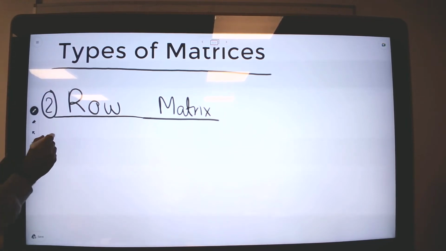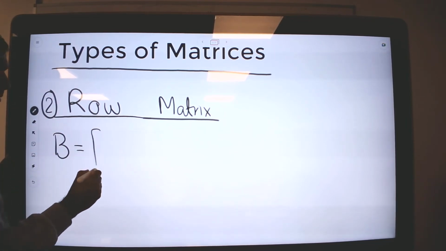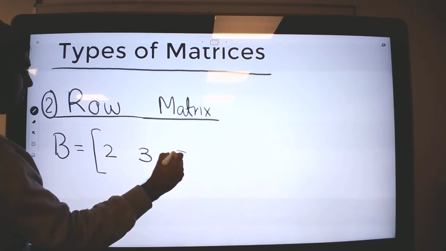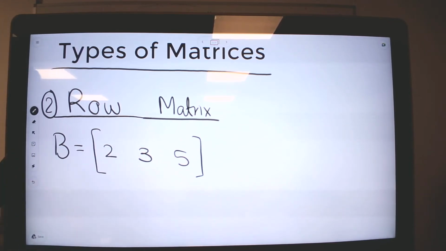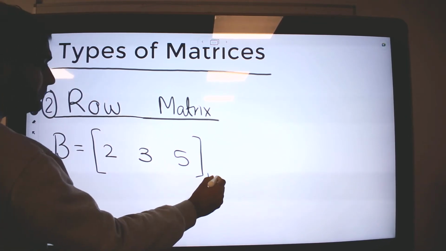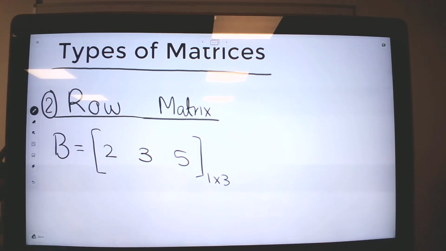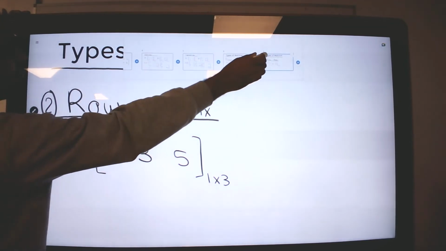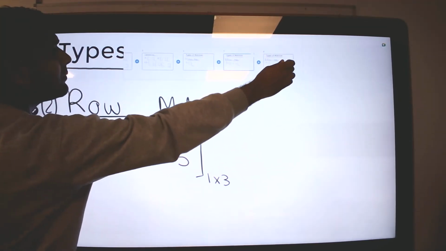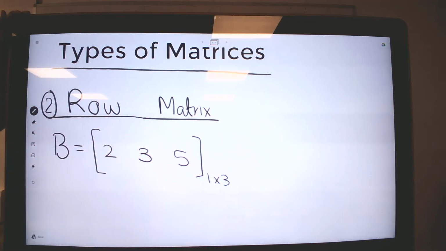Row matrix. What's the order of this matrix? Row matrix is a matrix which has only one row. All good?